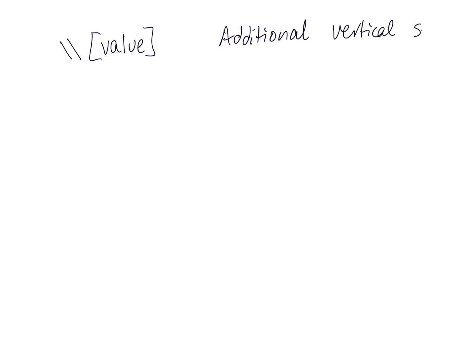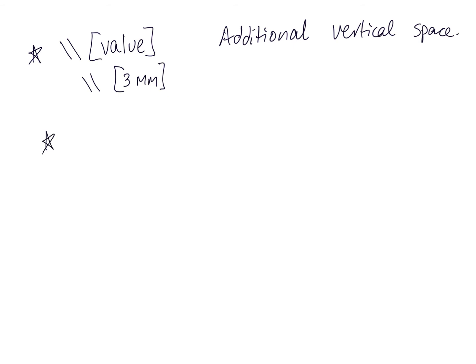So something about page breaks. If I did these two and I put a value in this argument, then this just provides additional vertical space. So if I need more vertical space, this is what I would write. For example, let's say if I did 3 millimeters. So this is my first option.